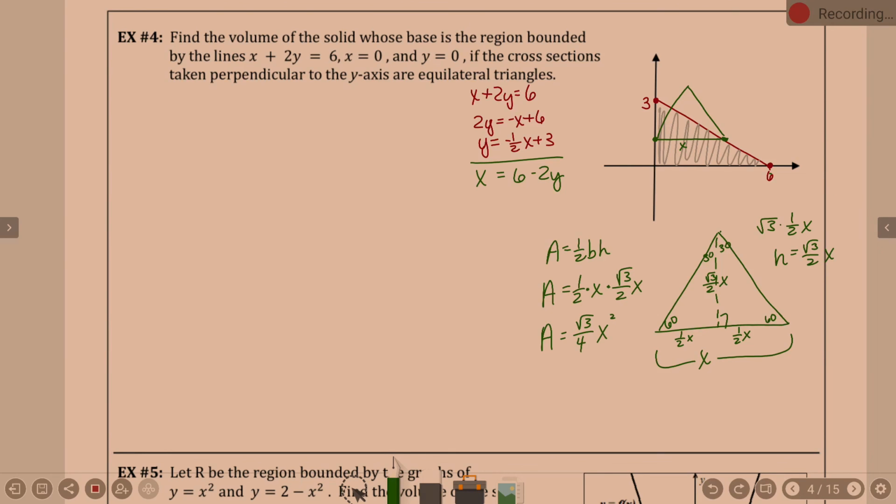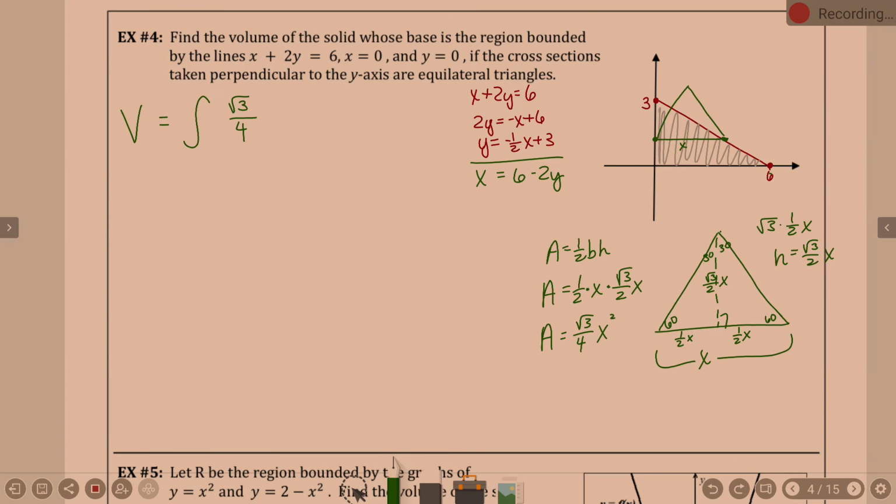Okay, so, we ready? V equals. We're integrating area, yes? My area is square root of 3 over 4 x squared.